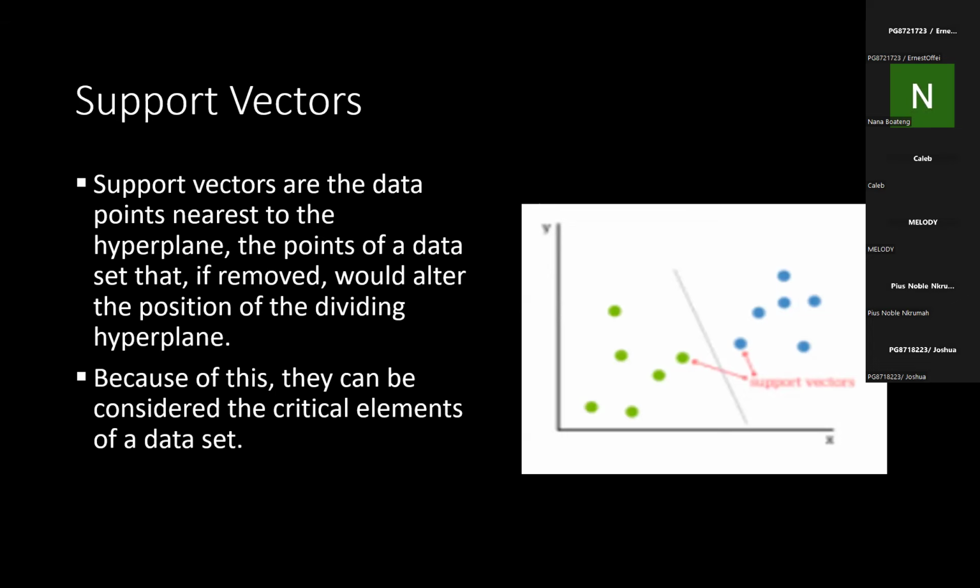The further away they are from the hyperplane, the more confident we are in our predictions. But if they are very near the hyperplane, we can misclassify some data points. So we want to find the best hyperplane that we can use in making our predictions. We don't want a situation whereby you have so many support vectors around the hyperplane and it causes problems in terms of your prediction.